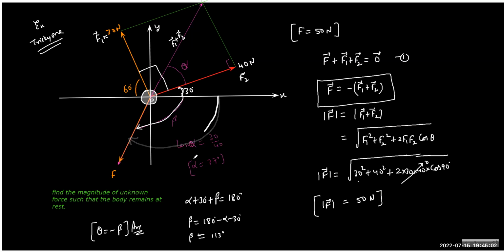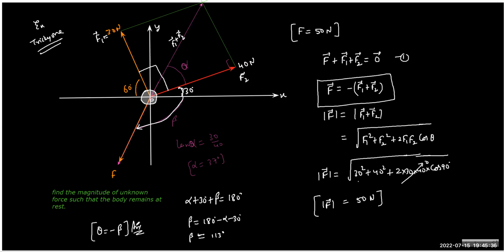Tell me, guys, is my turning clockwise or anti-clockwise? Clockwise. And for clockwise turning, how do we write the answer? With minus sign, right? So beta is a numerical value. And to show that I have obtained this answer by turning clockwise, I will put a minus sign. I hope this is clear, guys.